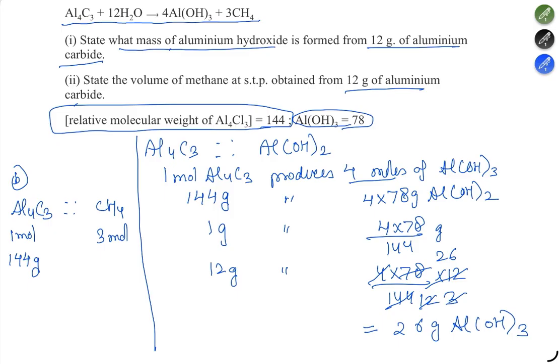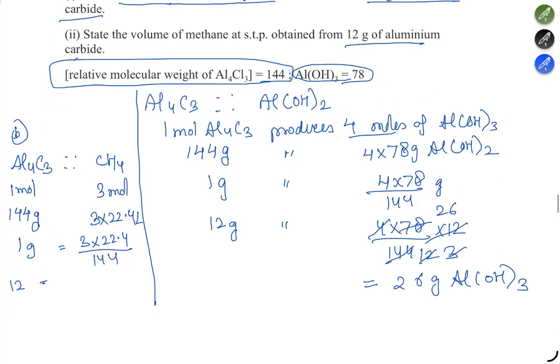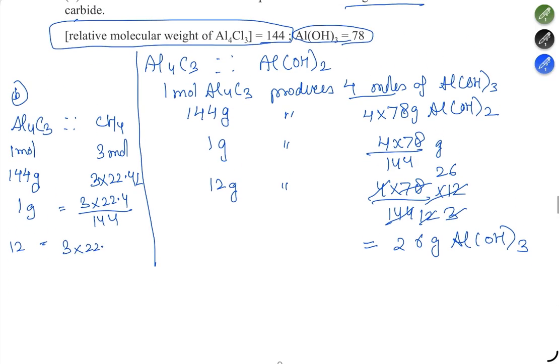3 moles means, in liters, 3 times 22.4, because 1 mole occupies 22.4 liters. So I can say that 144 gram of aluminium carbide produces 3 into 22.4 liter of methane. So 1 gram will produce how much? 3 into 22.4 upon 144, and 12 gram will produce 3 into 22.4 upon 144 into 12.